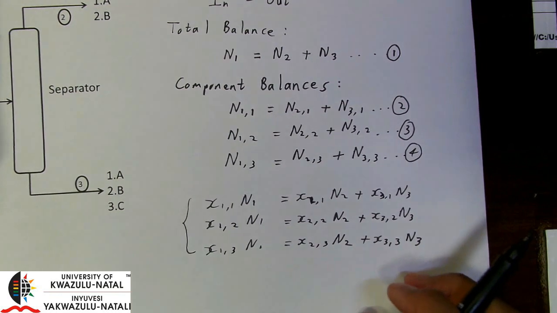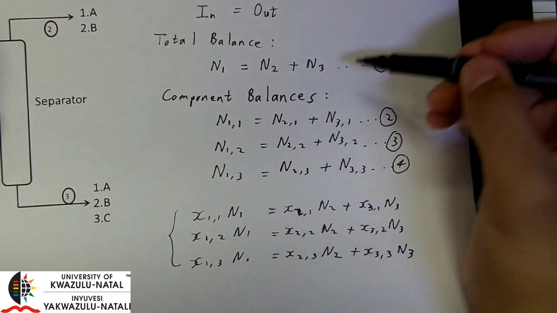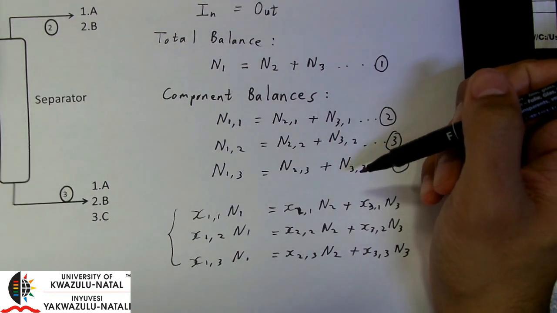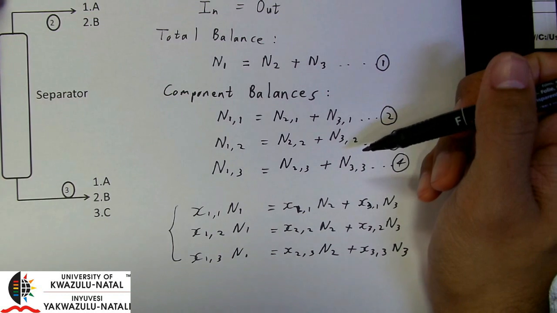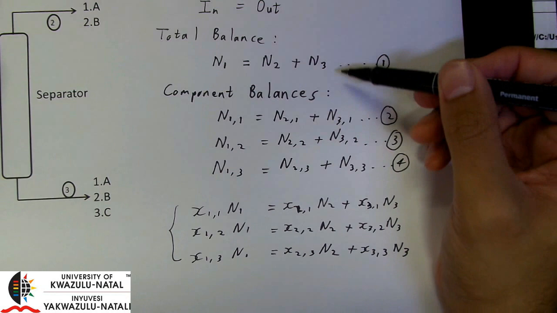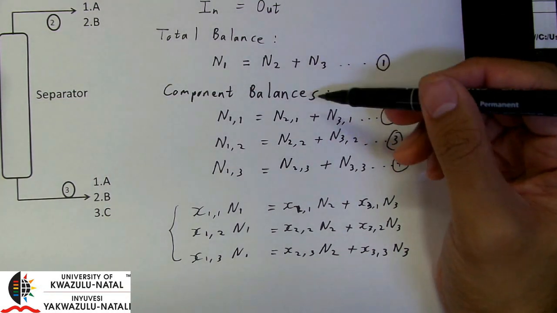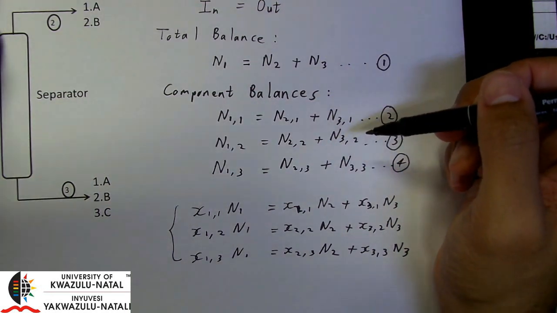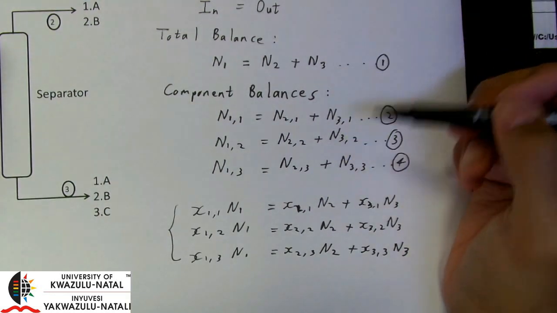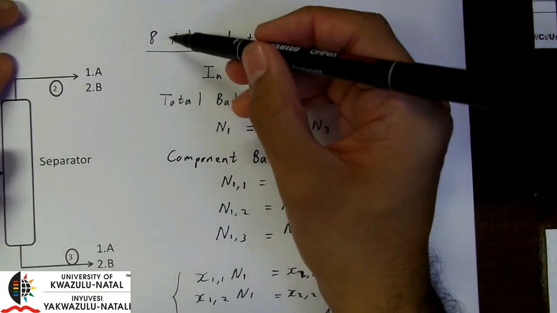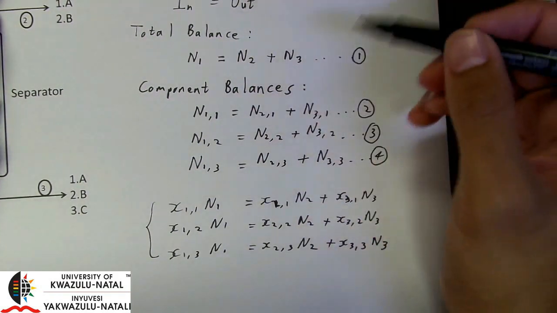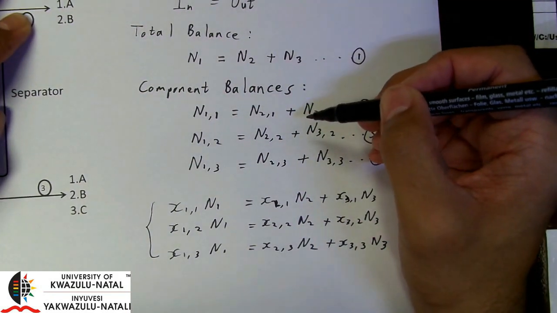Now, another issue arises. Do we really need all four of these balances? Okay, and that is a valid question to ask. I mean, can we perform the computation using perhaps just three balances? And this is where independence comes in as well, because not only do we have independent variables, but we can also have an independent set of balances.